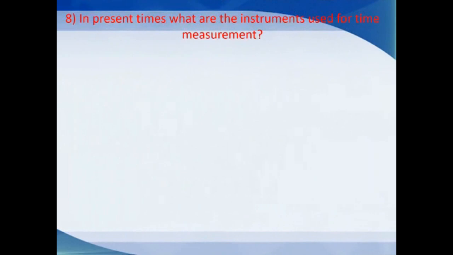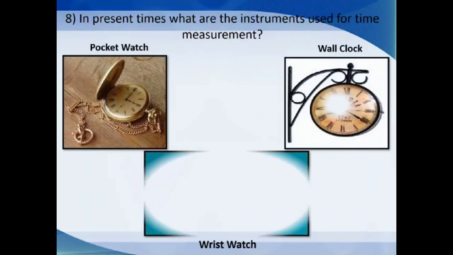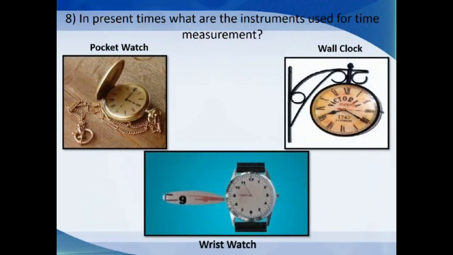Eighth question. In present times, what are the instruments used for time measurement? In present times, instruments like pocket watch, wall clocks, wristwatches, etc. are used for time measurement.